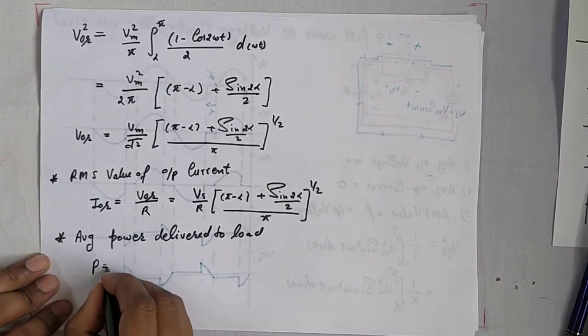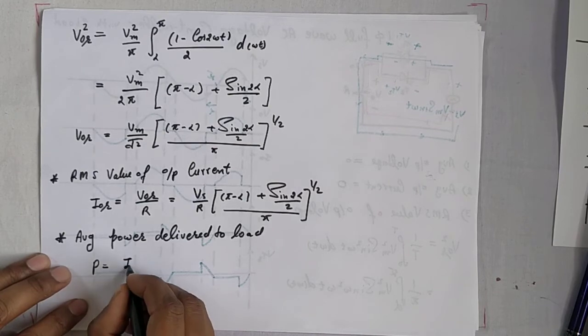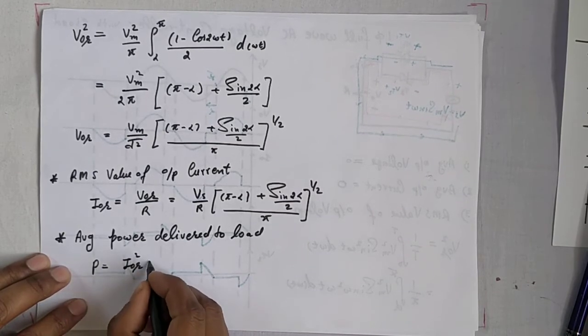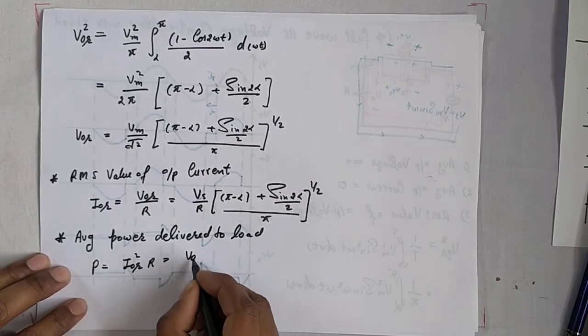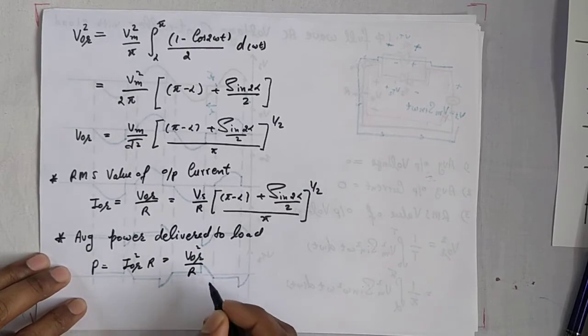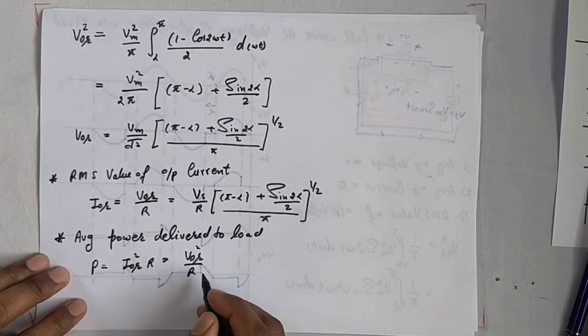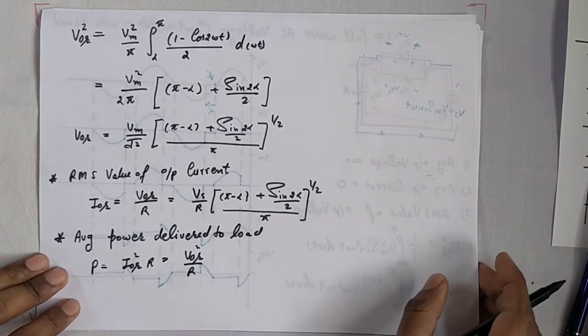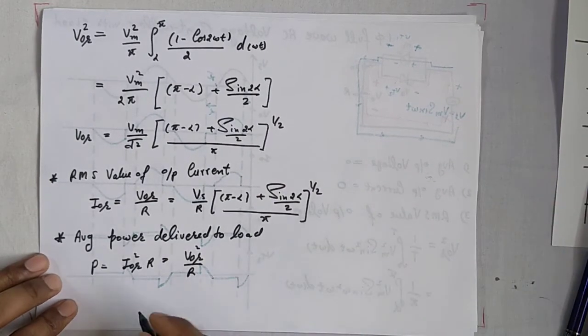P equal to IOR square R, because VOR square divided by R, so I put here the value of VOR square, so you can find the average power delivered to load.